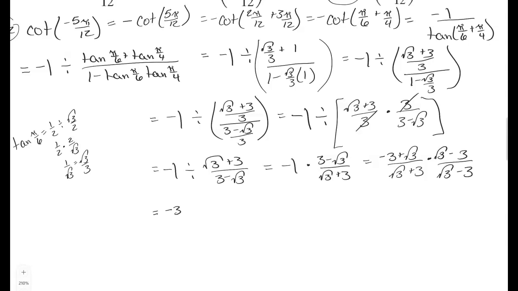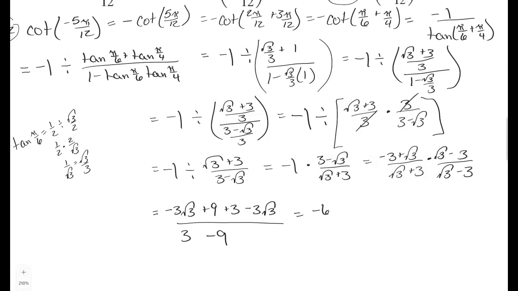I'm going to have -3 square root of 3. Outsides will give us a +9. Insides will give us a 3. Outsides will give us a -3 square root of 3. Bottoms, fronts will be 3. Outsides and insides cancel. Last will be -9.